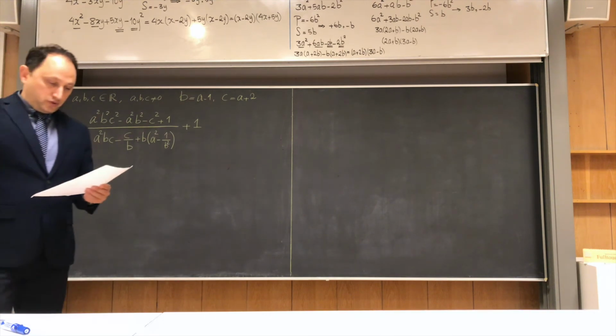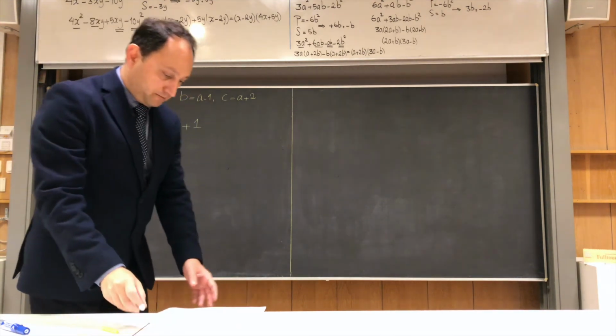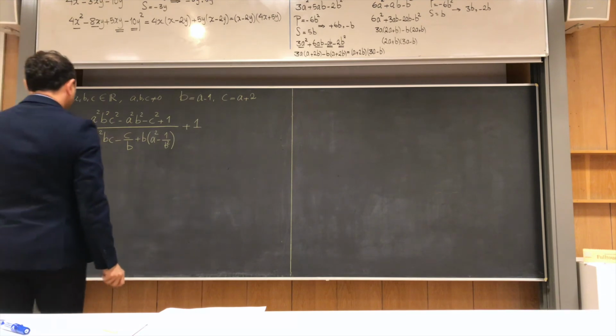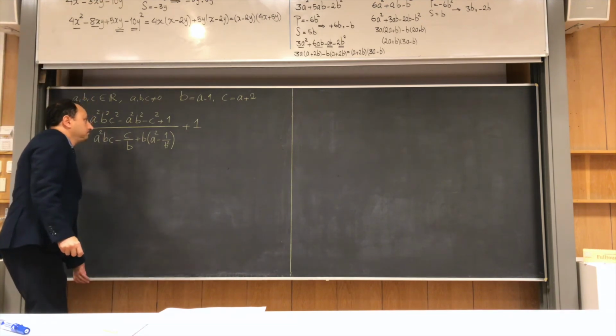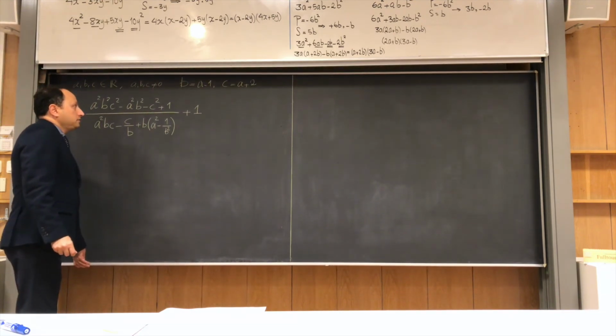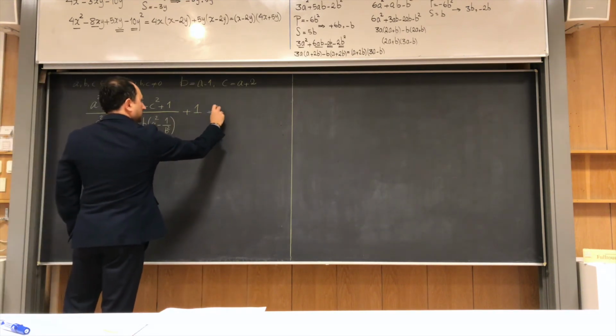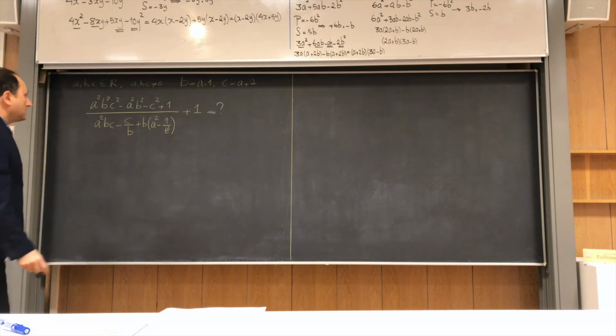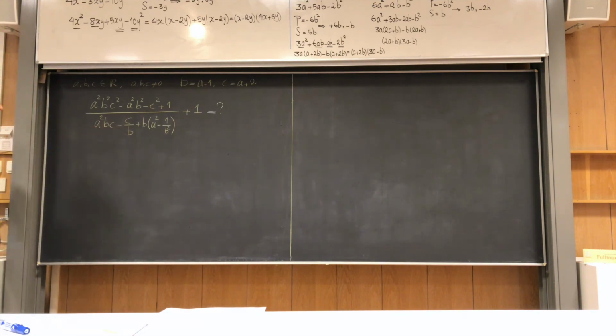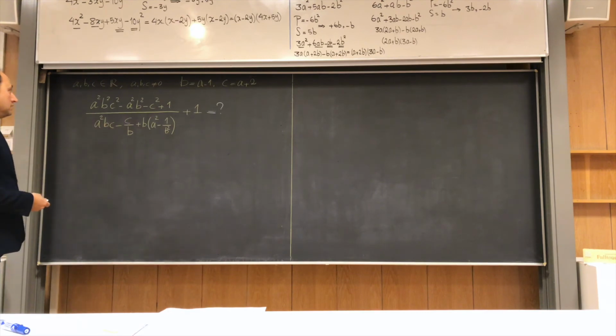Okay, so we are supposed to simplify this expression. So what I will try to do, this is not a standard problem, so you need to be a little bit more creative.